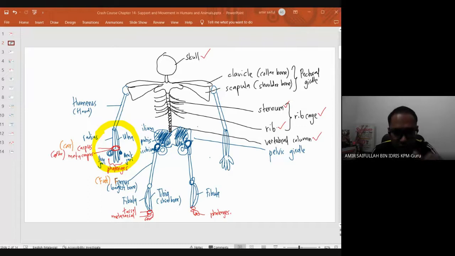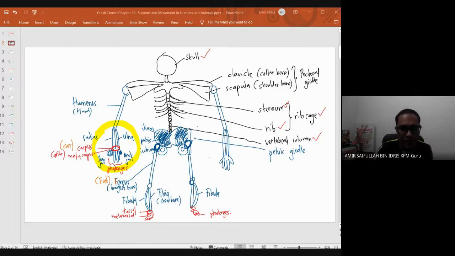Shin bone itu ialah nama. So I tell you, shin bone, collarbone, shoulder bone, this is a common name. It's not scientific. Kalau nak science punya ialah tibia. Common name shin bone. So at the back dia ada satu fibula.